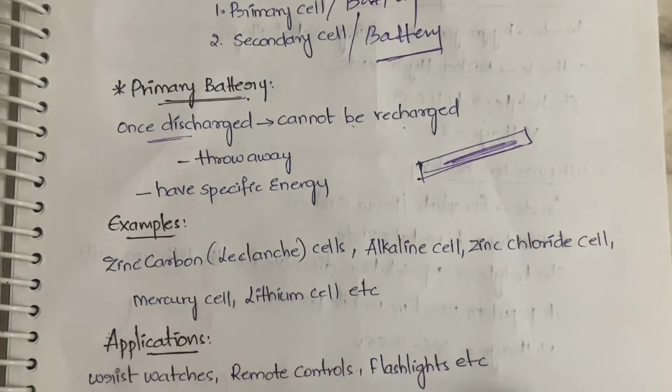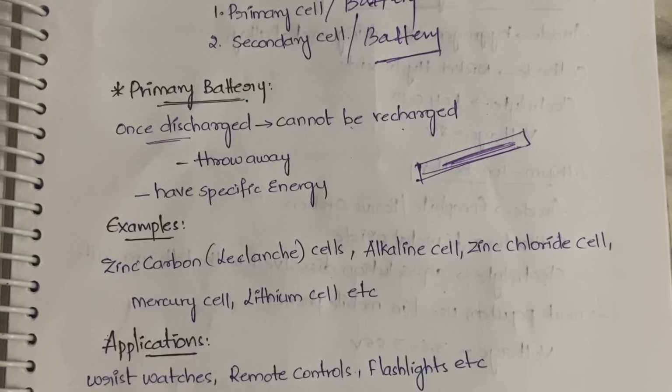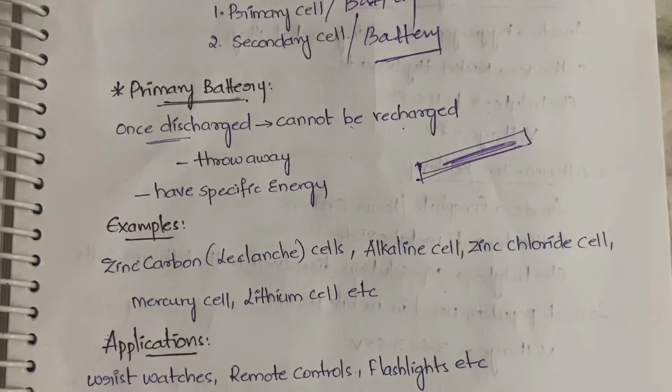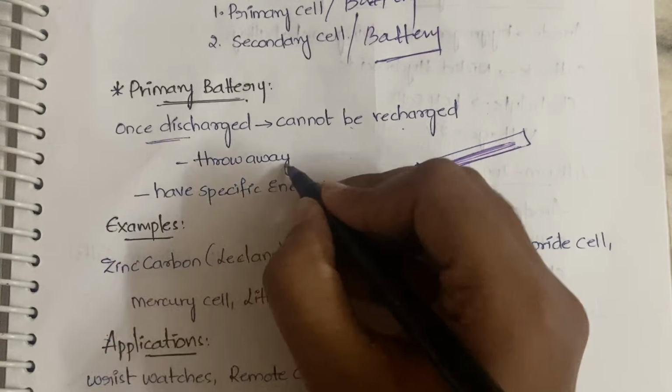Again, if you charge it, you will be able to go to 100%. So you are able to recharge it. But in the case of primary batteries, you cannot recharge it. Once the battery usage is completed, you have to throw it away. It has some specific energy, and when that specific energy is completed, done, you need to throw it away.